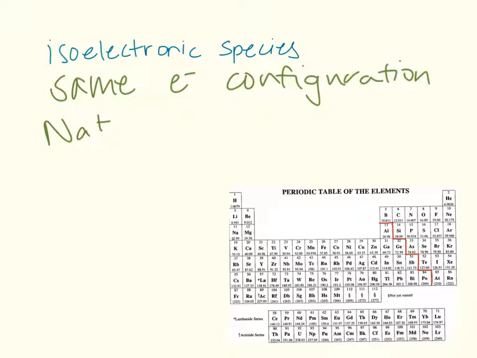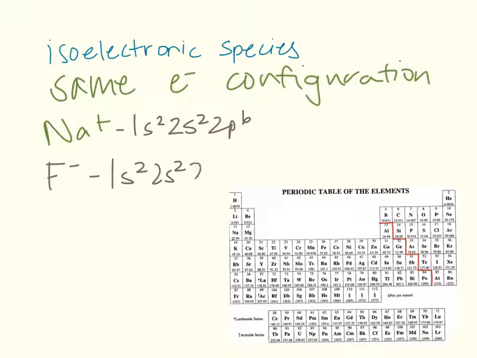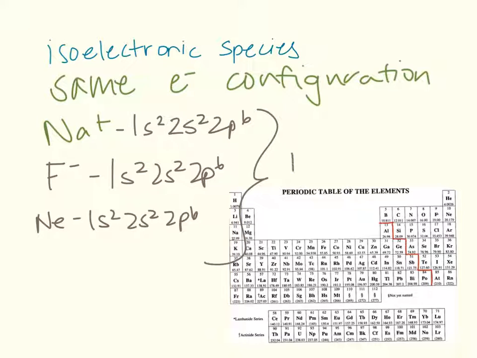Its electron configuration is going to be 1s2, 2s2, 2p6. And if we look at fluoride, here's fluorine, and it's going to gain an extra electron, so it's going to be just like neon. So it'll be 1s2, 2s2, 2p6. And neon is 1s2, 2s2, 2p6. And so all 3 of these are isoelectronic.